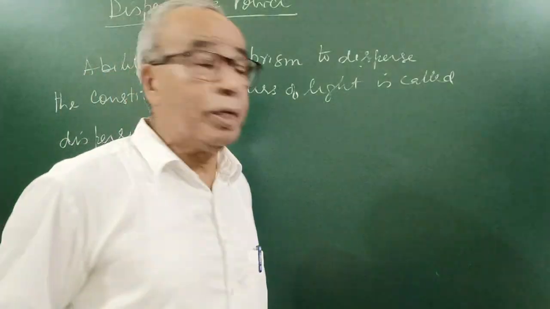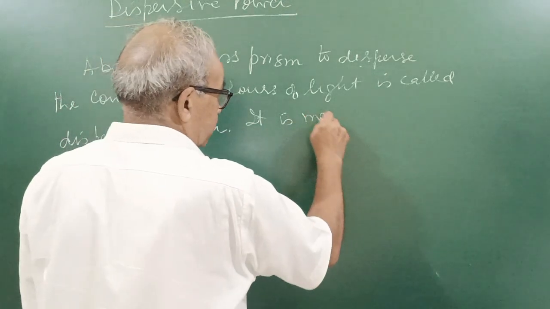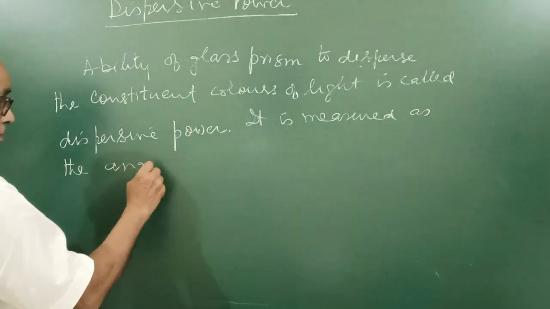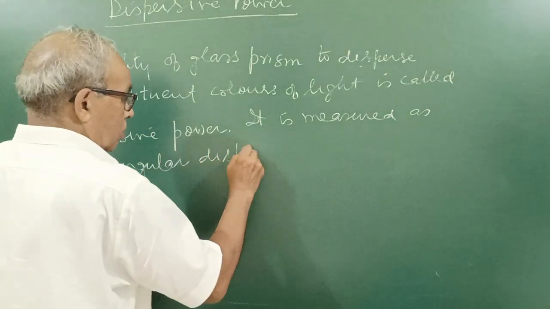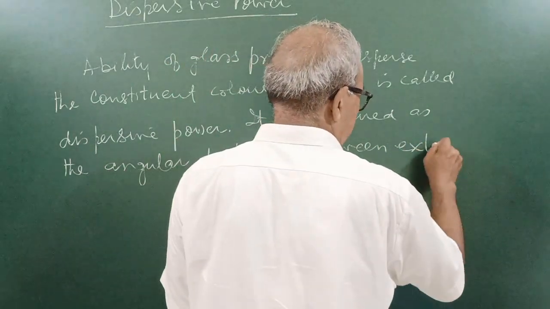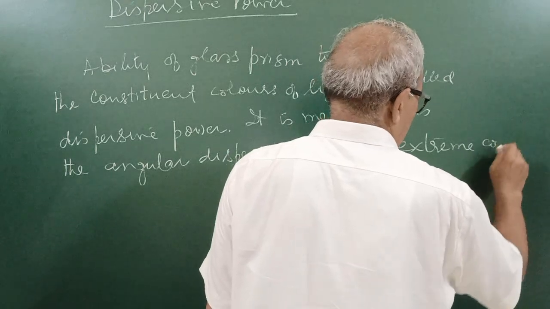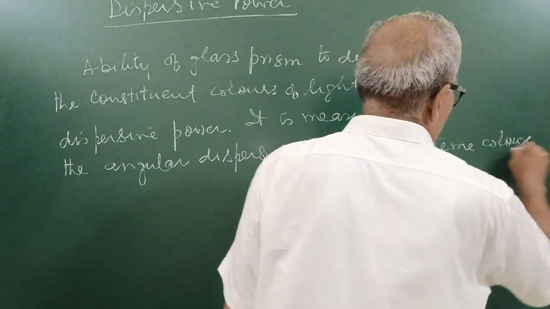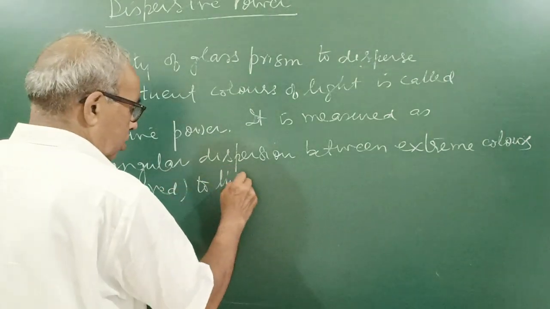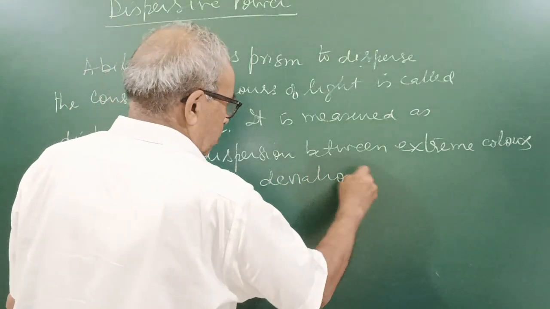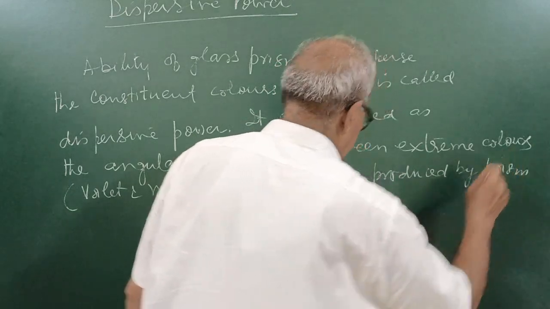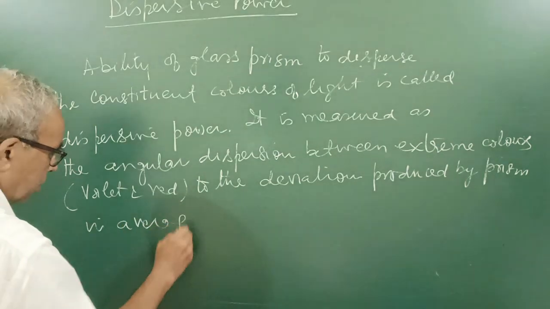In physics, everything is to be measured. Then how do we measure it? It is measured as the angular dispersion between the extreme colors, violet and red, to the deviation produced by the prism in the average color.